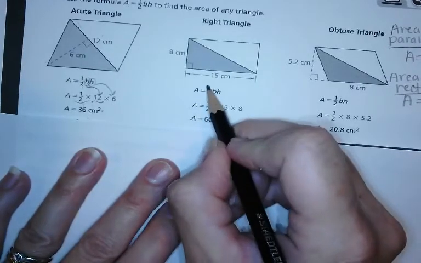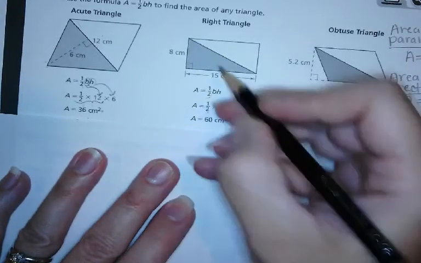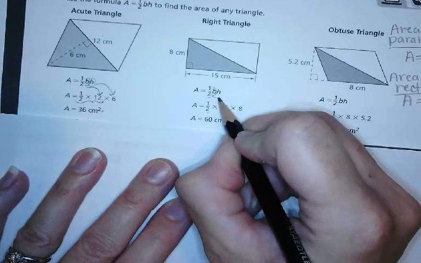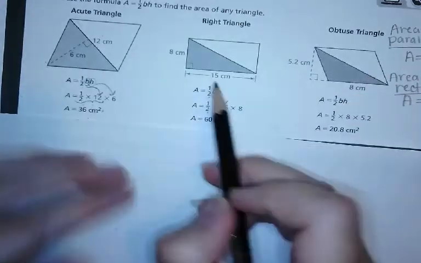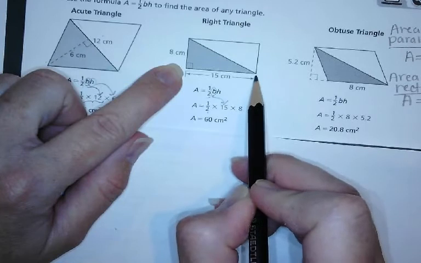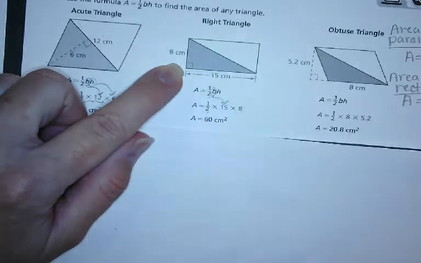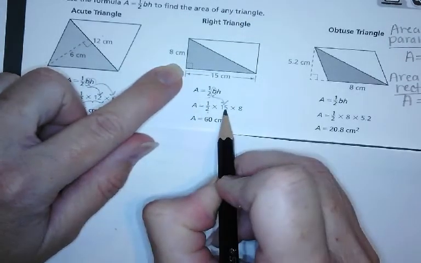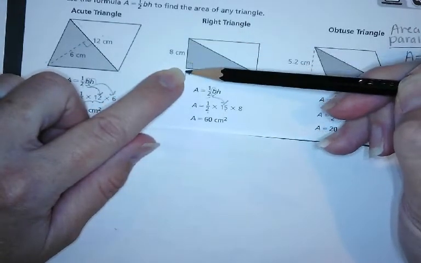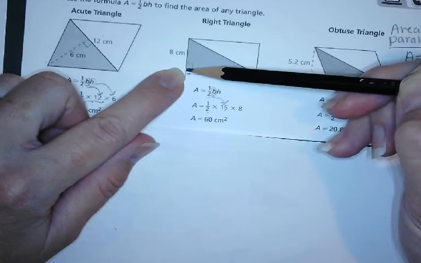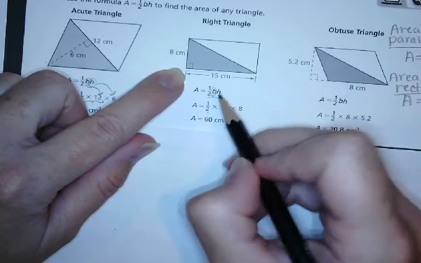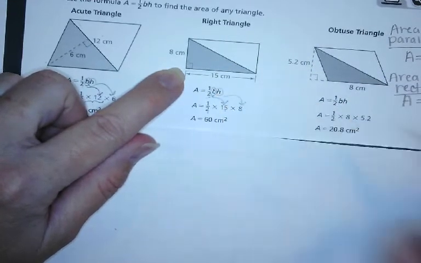So since we're given the 1/2, we just bring that down. And now we're going to look for the measurement for the base, which is going to be this 15. Now remember that here you would have your right angle. This line is horizontal to that angle. So we plug in the 15, and then the height would be the perpendicular line that's dropped here, perpendicular to the base. So that would be the 8.